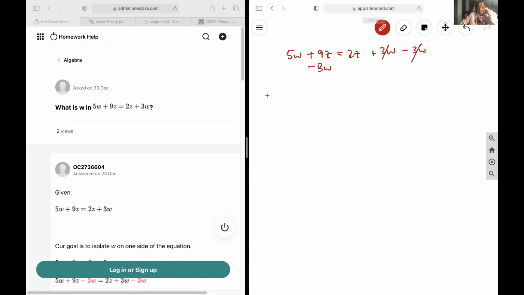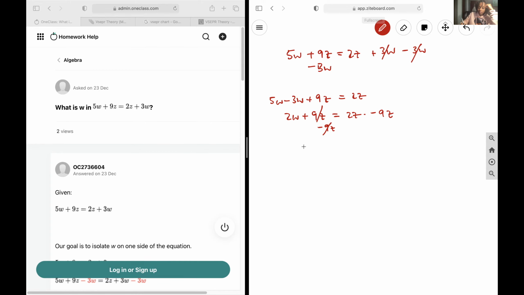These two will cancel, and so we get 5w minus 3w plus 9z is going to be equal to 2z. And this is going to give us 2w plus 9z is equal to 2z. Next up, we want to subtract 9z from both sides so we can have w on its own.